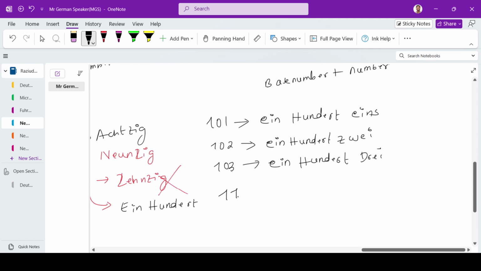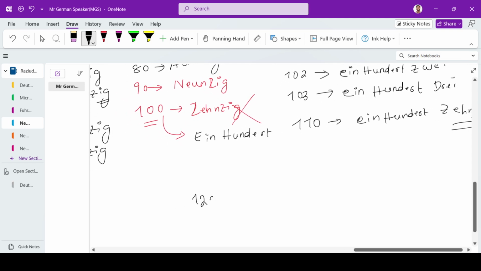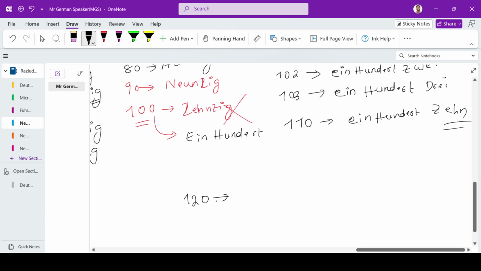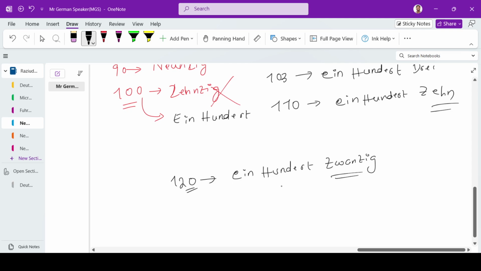Similarly, for 110 I write einhundertzehn, because 10 is the same. And if you want to write much bigger numbers, for example 120, how do you write it? It will be einhundertzwanzig, correct? Because 100 plus 20 is 120.